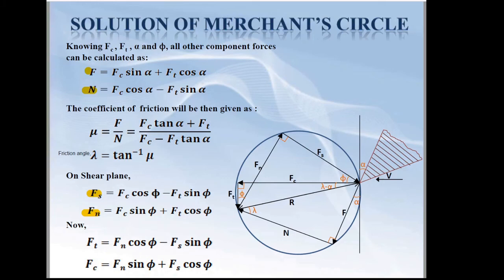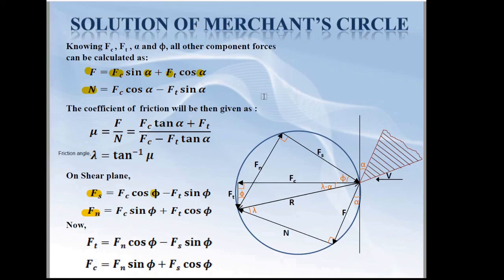We know that Fc and Ft are known forces. We can measure them using the tool dynamometer. Alpha is the rake angle of the tool, which can also be directly measured from the tool. The shear plane angle phi can also be measured from the photograph of the cutting operation.